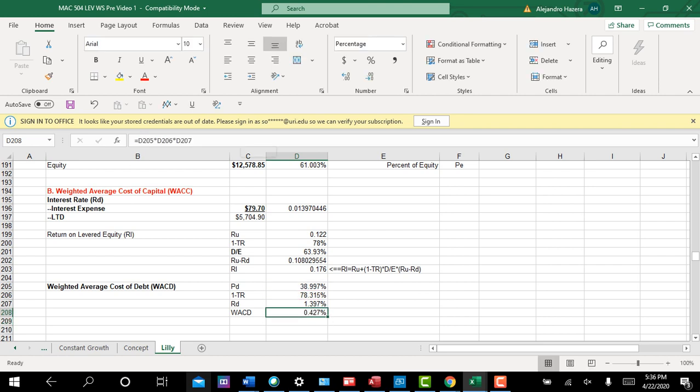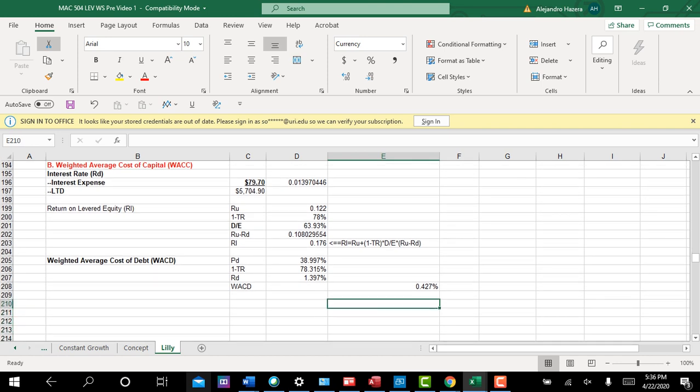So my weighted average cost of debt is about 0.43% more or less. I'm going to go ahead and move that number out there. That's not very much, but you're paying less than 1% on a weighted average for your debt. They're charging you about 1.4%, but only 40% of your capital is debt. So on a weighted average basis, that comes to about 42 or 43%.